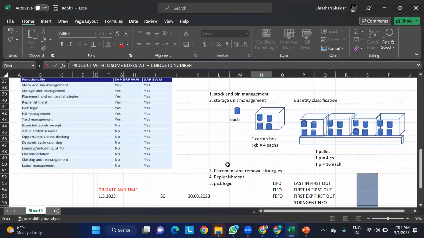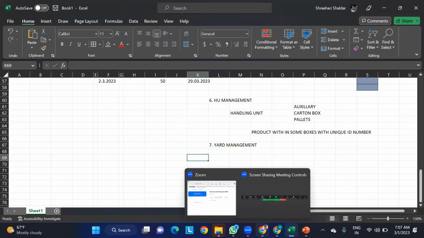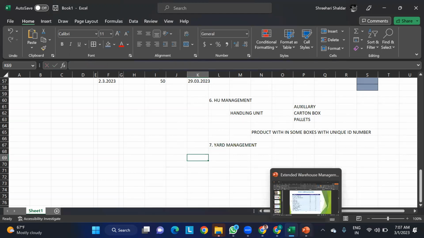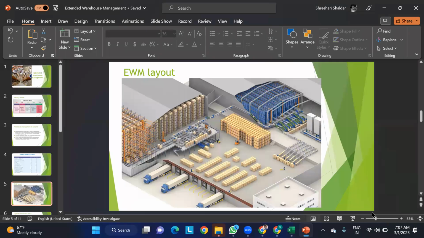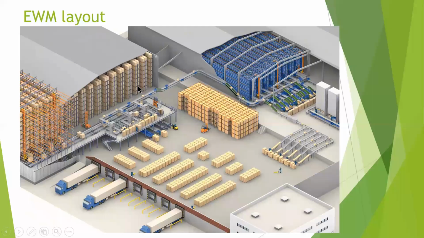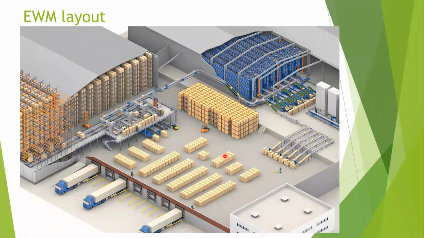Next comes the yard management. This is the last topic today, and we're going to take further topics tomorrow. What do you mean by yard first?